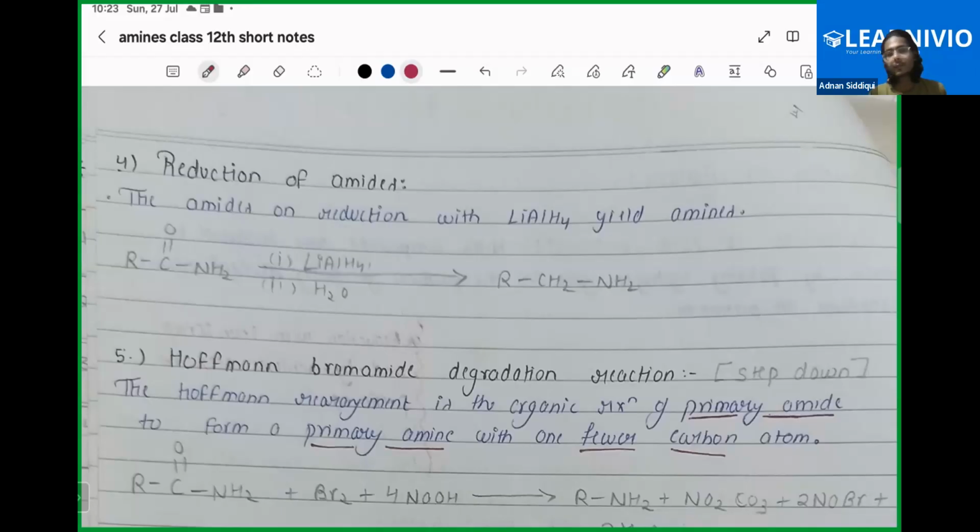So how many ways have we talked about so far? First one was from NO2, reducing NO2. Second one was ammonolysis, where you were reacting your ammonia with alkyl halide.